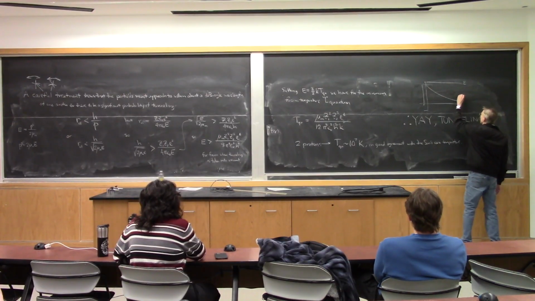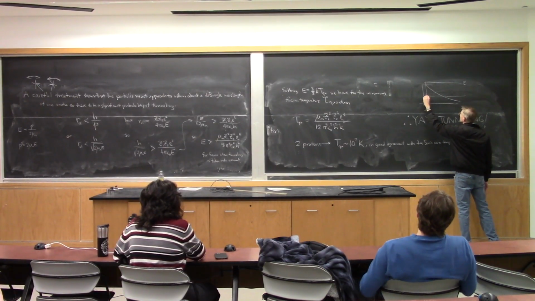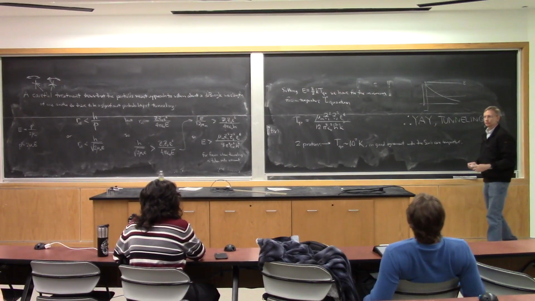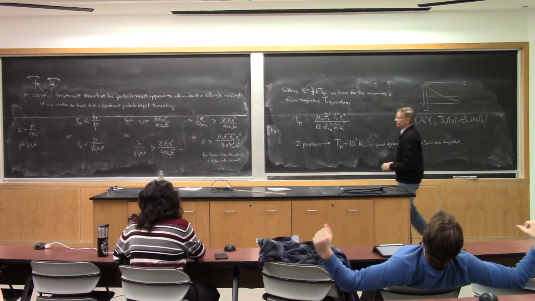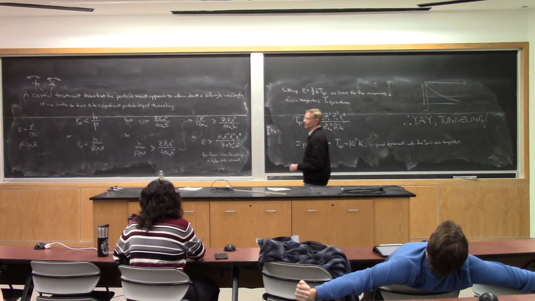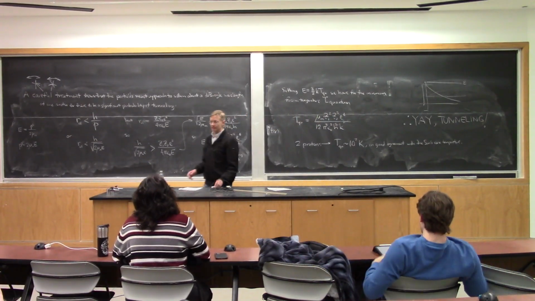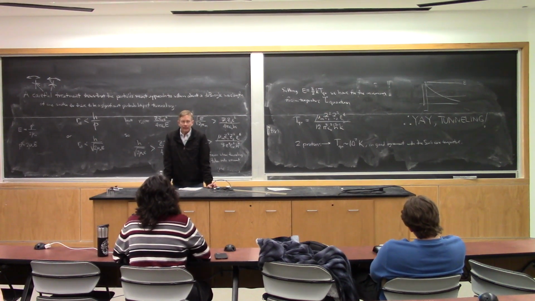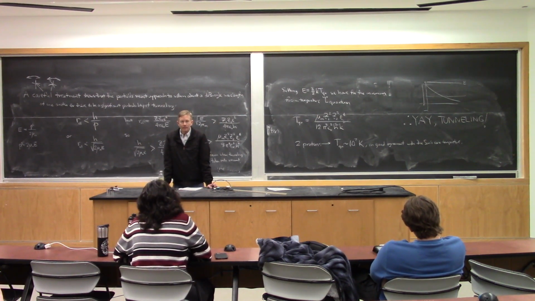Quantum mechanically, I can be down here somewhere because I can tunnel through the barrier. And so that's what it comes down to, is that at 1,000 times lower than the classical temperature needed to overcome the barrier, you still get a good enough probability of barrier penetration, of tunneling, that fusion is viable.